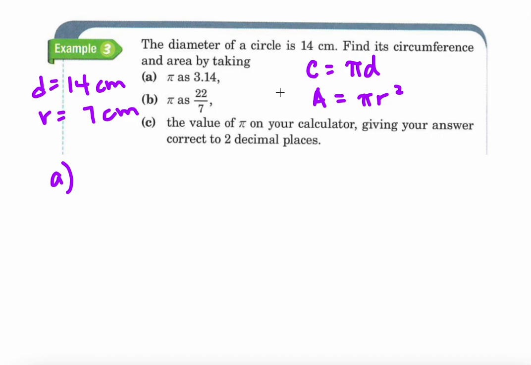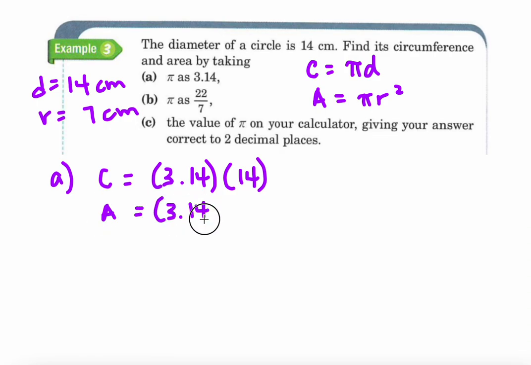Okay, A says to calculate both of those using 3.14. So the circumference will be pi, or 3.14, times my diameter, which is 14. And then my area would be 3.14 times radius, 7, times another radius, because it's radius squared. Okay, and then at the end, it's going to be whatever that answer is.